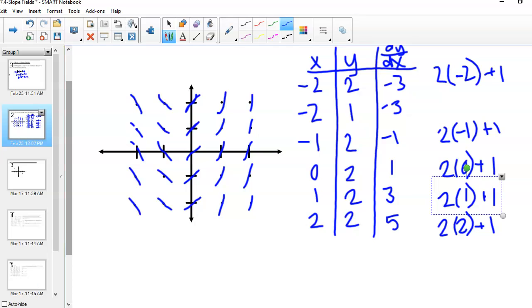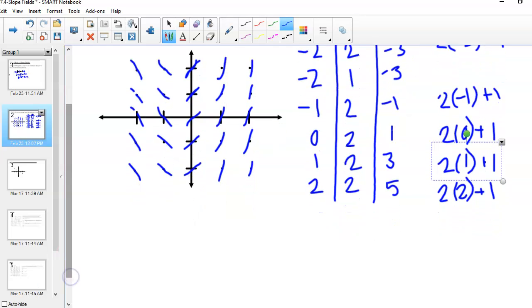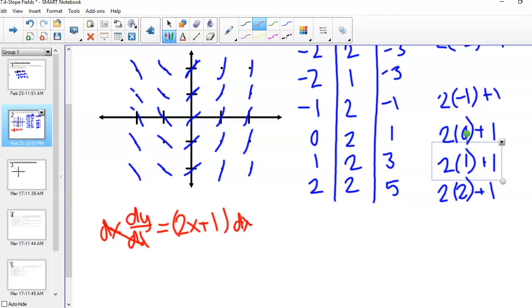So we can sort of get a look at the shape here. This particular problem is also a really simple differential equation. There's going to be several differential equations we'll see we don't know how to solve yet, but dy over dx equals 2x plus 1. We know how to solve that. We could multiply both sides by dx and then integrate both sides.